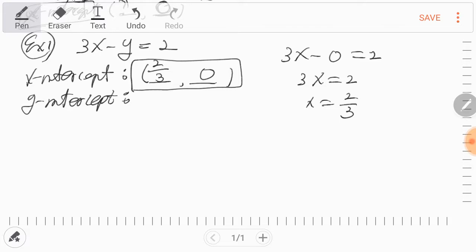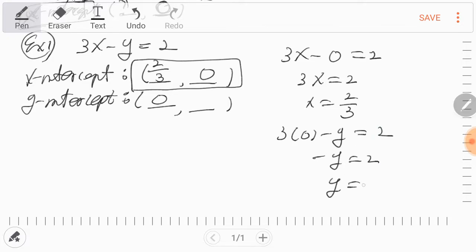How about the y-intercept? Set the x value to 0, then you get the y value. So 3 times 0 minus y equals 2. Negative y equals 2. So y equals -2. This is the y-intercept.